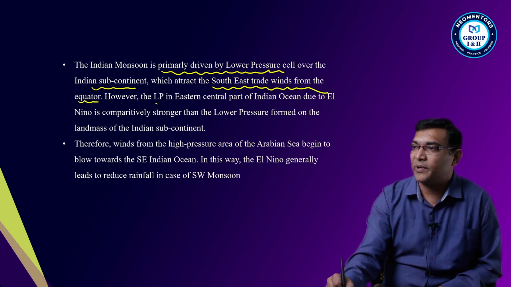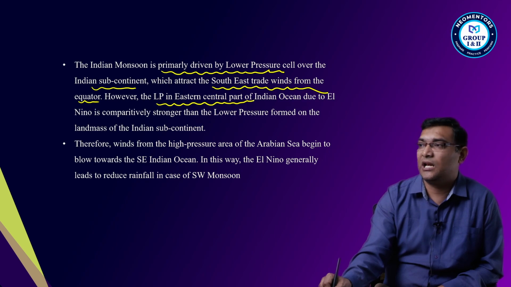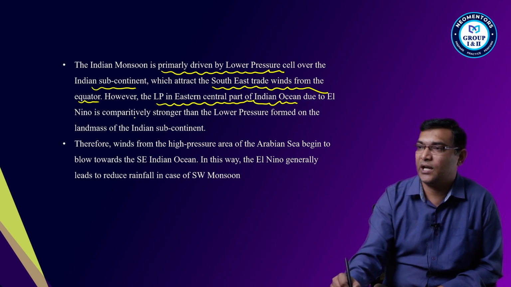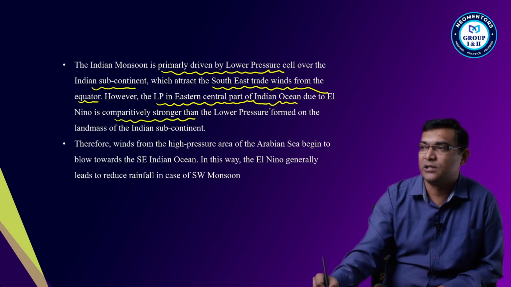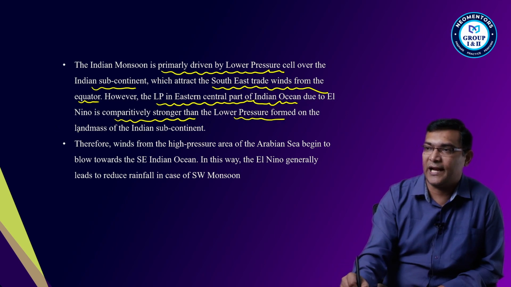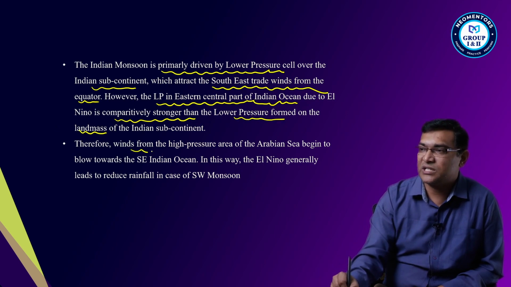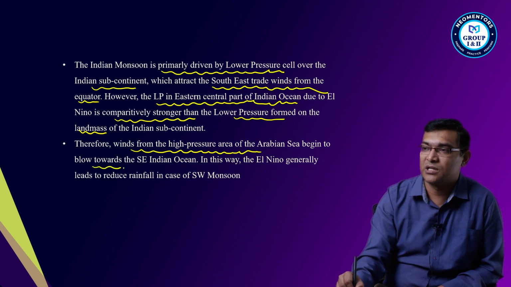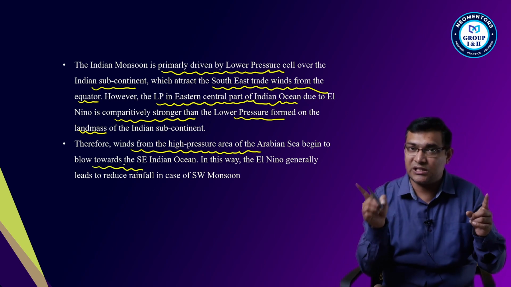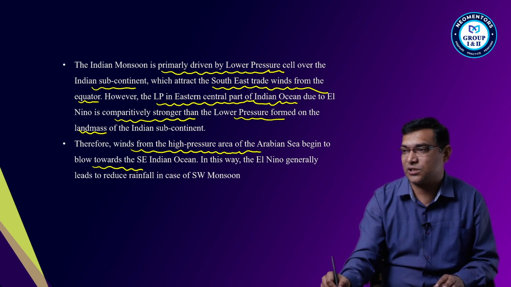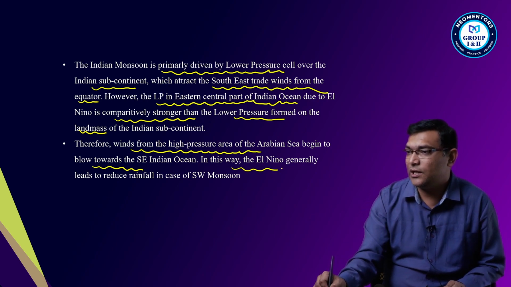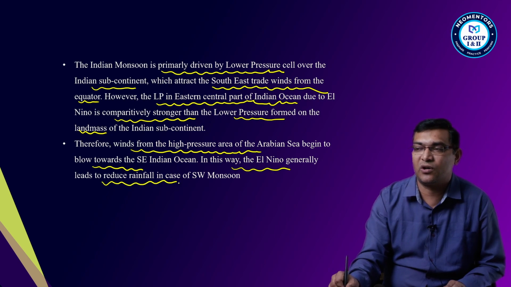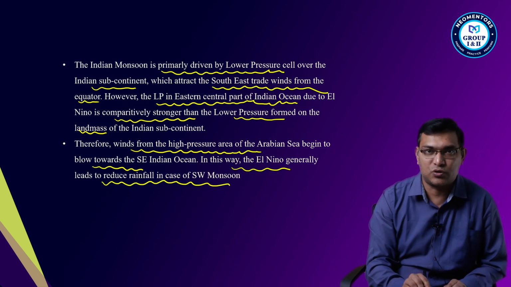However, with the low pressure in the east central Indian Ocean due to El Nino, a comparatively stronger low pressure forms on the landmass. Therefore the winds from the high pressure area of the Arabian Sea begin to blow towards the southeast Indian Ocean. In this way, El Nino generally leads to reduced rainfall in the southwest monsoons.